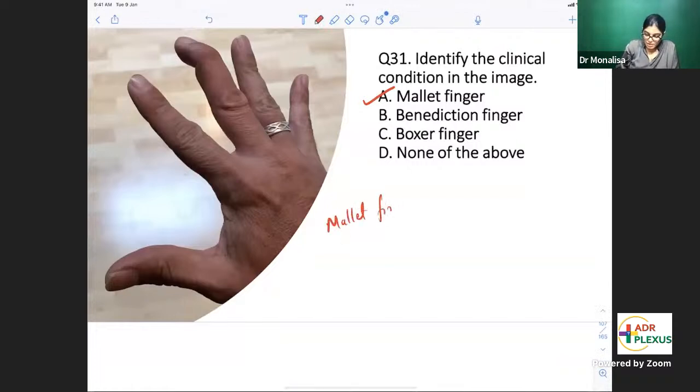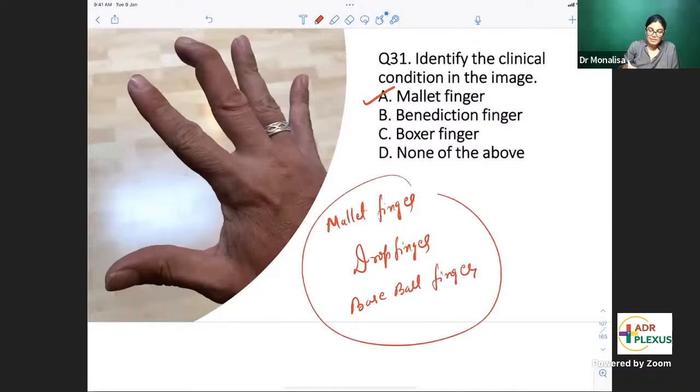mallet finger, which is also called drop finger or baseball finger. In mallet finger, what you can see is an extensor avulsion.